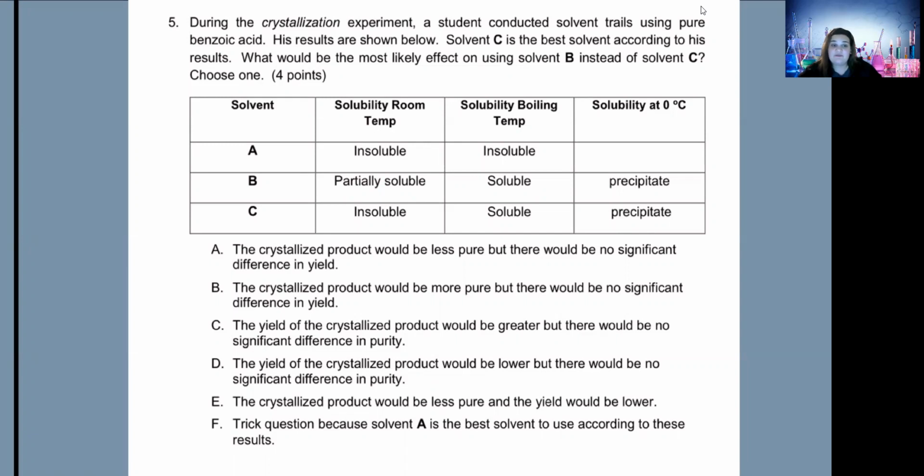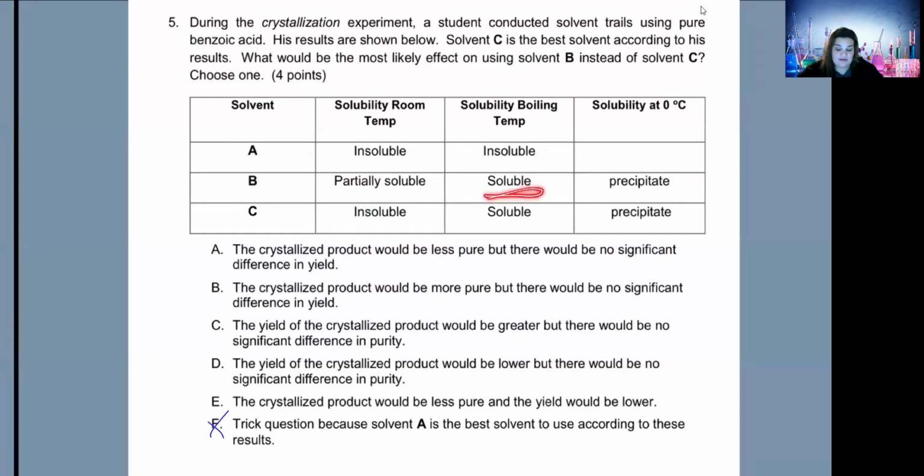Now, what happens if we don't use C and we use B? First of all, can we agree that A is just bad? Never pick that. So if we use solvent B, some of it is going to dissolve at room temp.